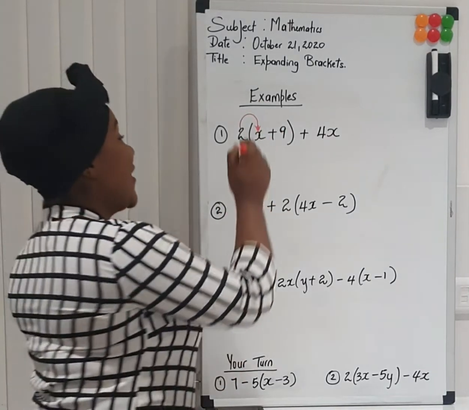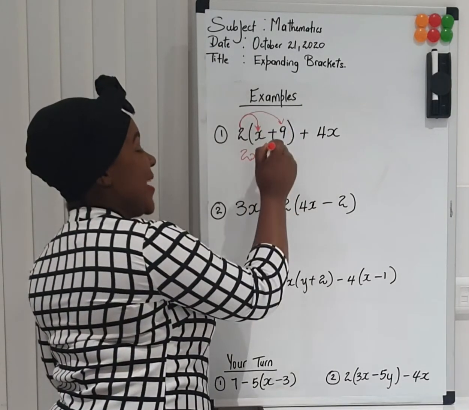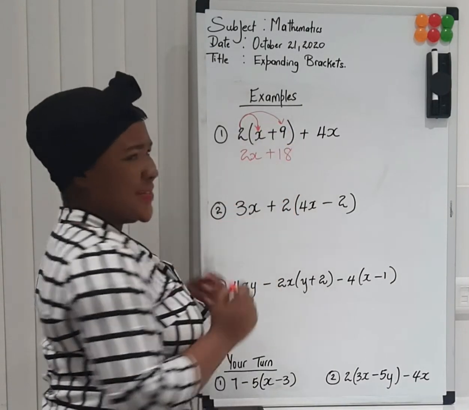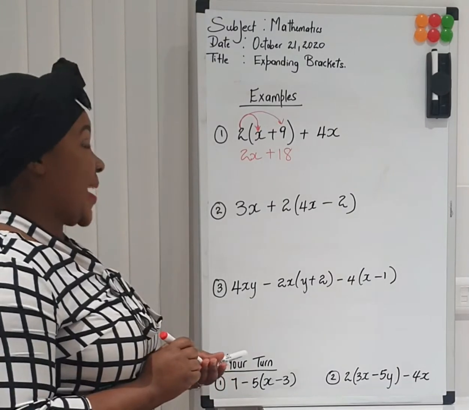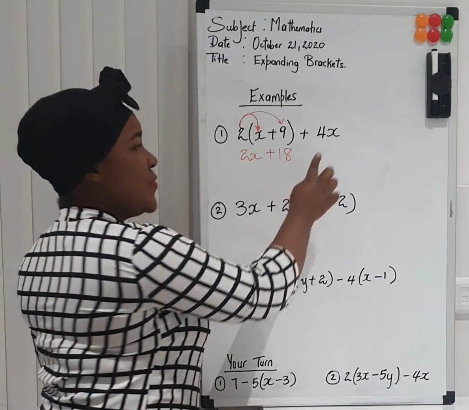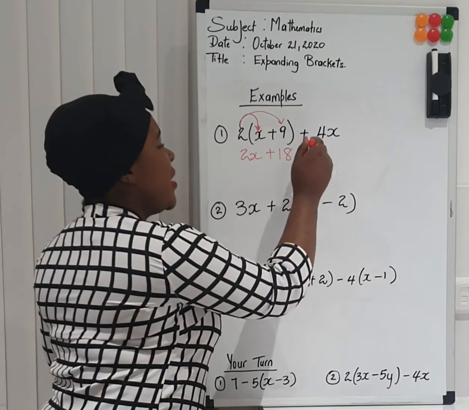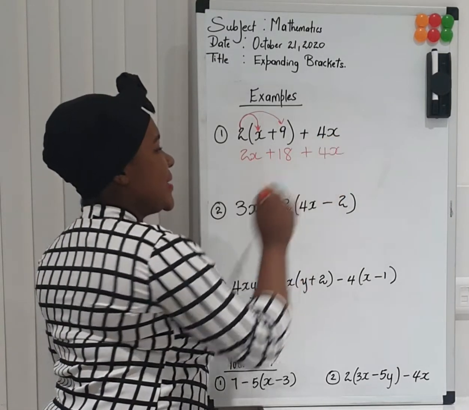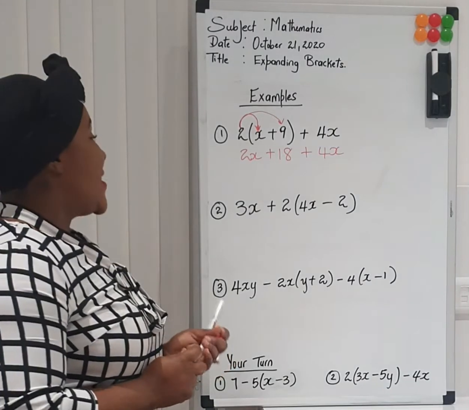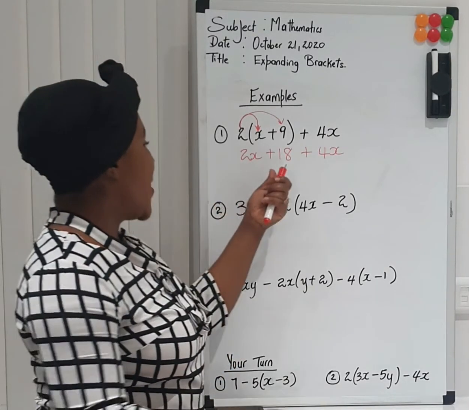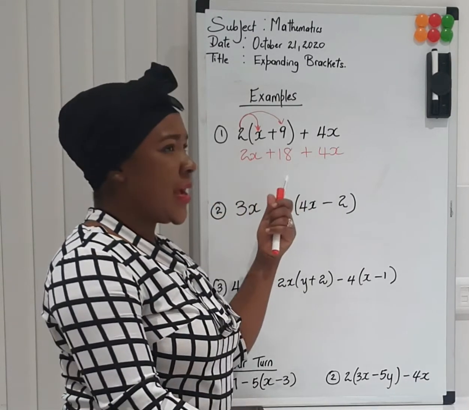Good. And then 2 times 9, which gives us 18. Then we see a plus 4x there, so we just put our plus 4x as it is. Now we look at it, we see 2x plus 18 plus 4x.